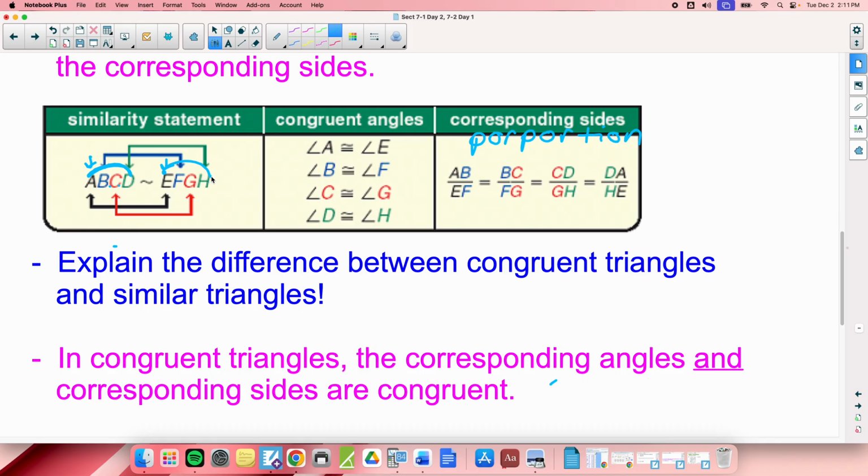Now they wrote it as DA, which is fine. I actually would write that as AD over EH. Not that that's a big deal.